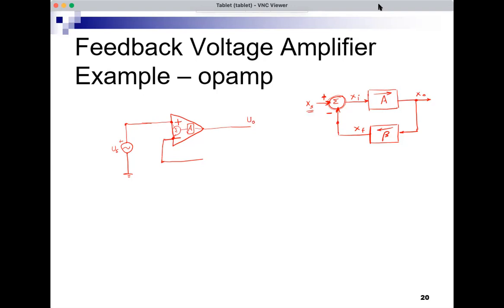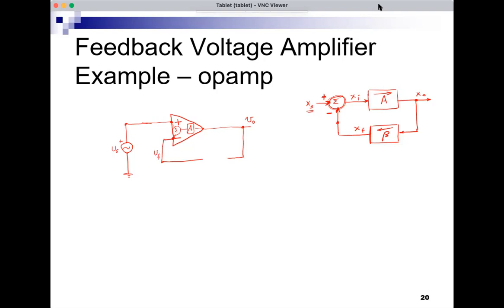Now I still need to implement the beta block. So I want to take this VO output and produce beta times VO. I want to take a voltage and produce a fraction of this voltage to have VF here.